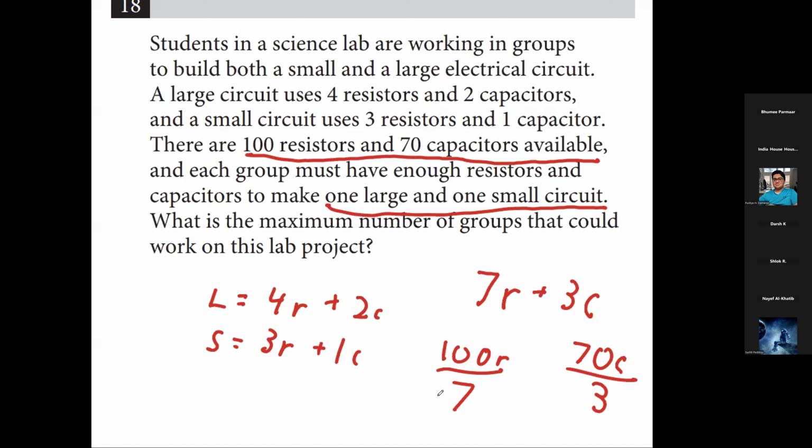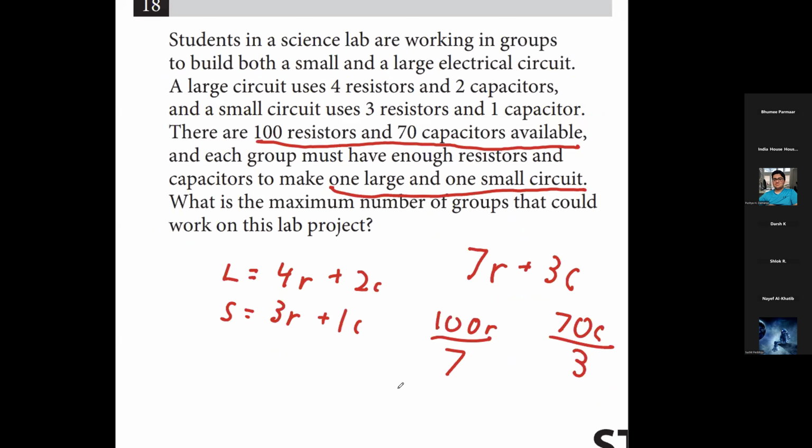So 100 divided by 7 is about 14.3, and 70 divided by 3 is about 23.3. So with the number of resistors available, we can make 14.3 groups, and with the number of capacitors available, we can make 23.3 groups.